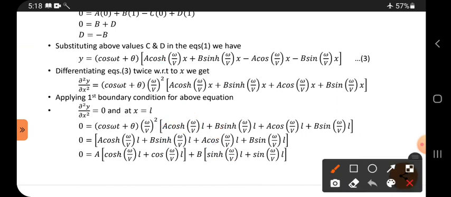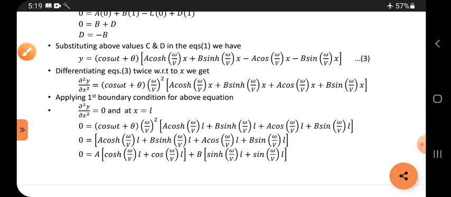Next, similarly for sine, differentiation first time is cos, and cos differentiation second time is sine, with no minus. Why? Because it is a hyperbolic function. Cosh differentiation gives sinh, and sinh differentiation gives cosh only. So however many times you differentiate, you cannot get any negative values in a hyperbolic function. You must keep that in mind.